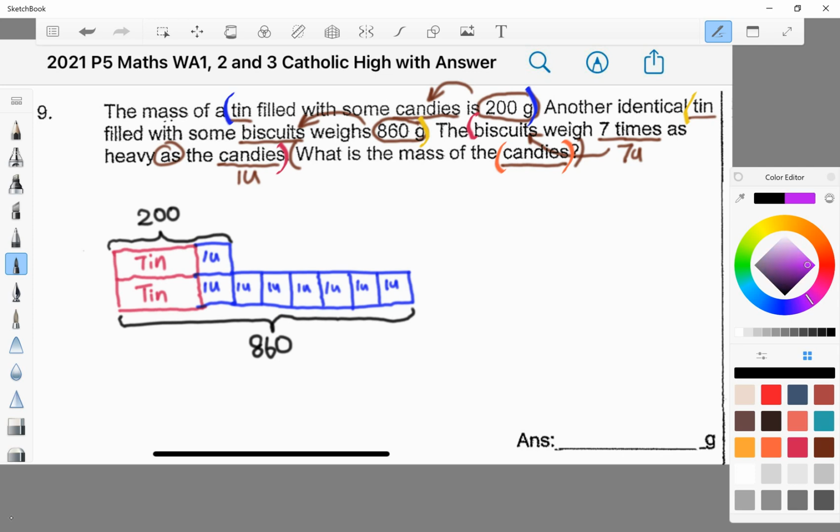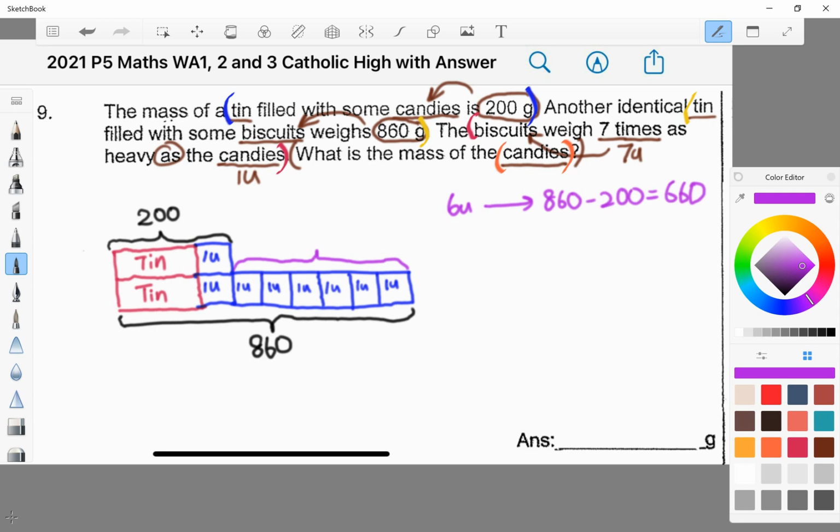Now, if I take 860 minus away 200, this would be 6 units, as you can see from my model. So 6 units is represented by 860 minus away 200. That will give us 660.